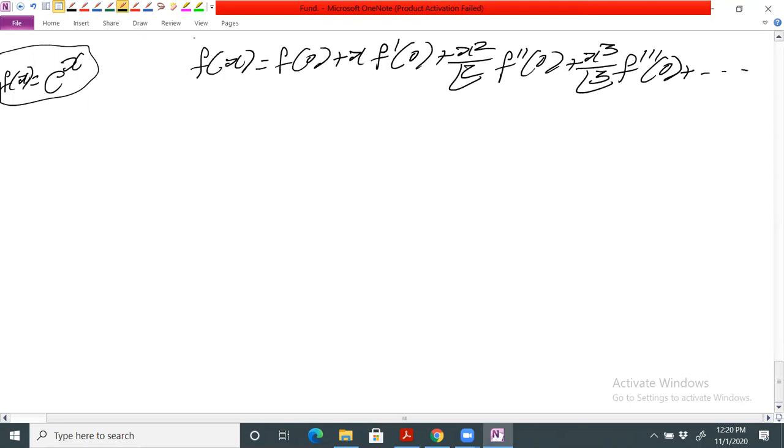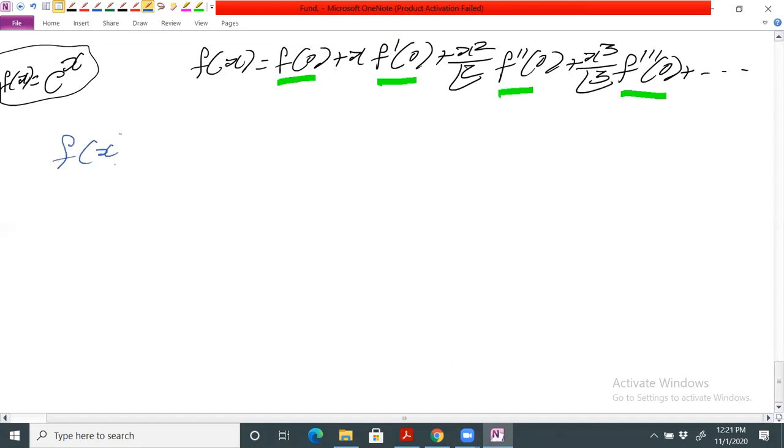Now we need to find all these values. Here we need to find f of 0, f dash of 0, f double dash of 0, f triple dash of 0.